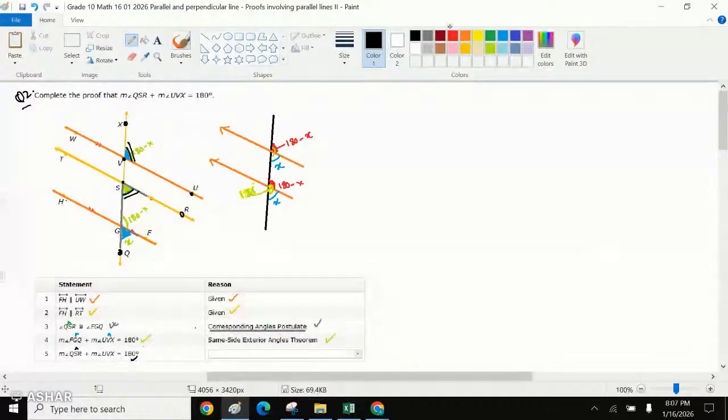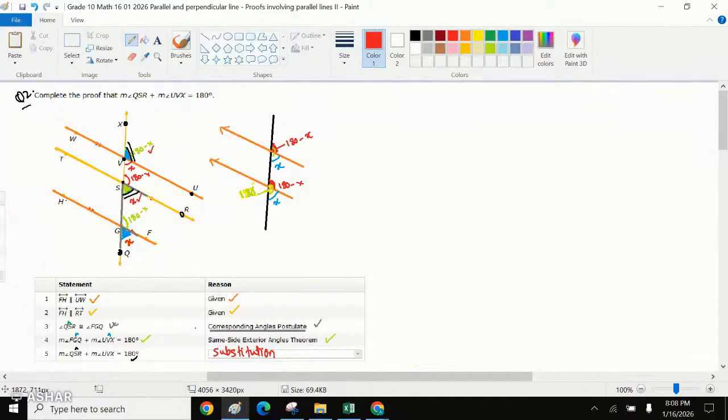Why? Because if this angle was X, then this is X. Then this is 180 minus X. And this is X also. So what we can say is, it is true that these two angles would sum up to 180. And this property is known as substitution, right? That means the sum of the two angles would be 180, supplementary angles.